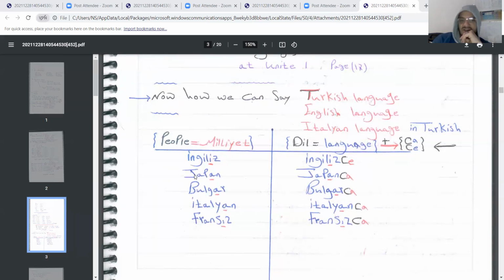English, that means Inglaterra, Japan, Bulgar, Italian, Francis, France. It will be like that. Just we will put C, and A or E in English. But in Turkish, we will say A or E. To be İngilizce, Japonca, Bulgarca, İtalyanca, Fransızca.